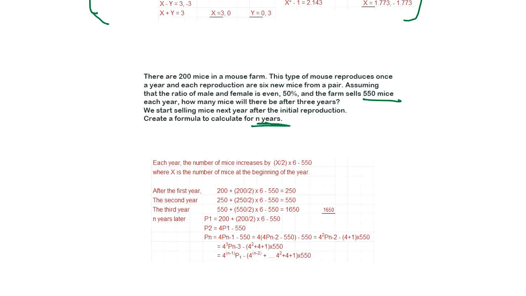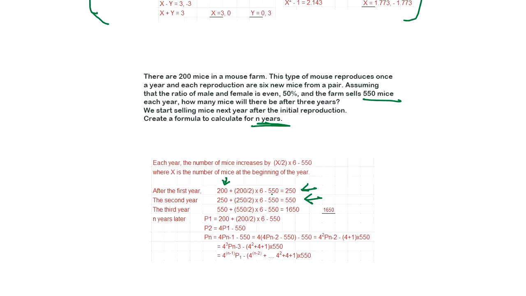Okay, so after the first year, it's going to be 200 the parents, right? And each one, 100 male and female, that produce 6 each, and we sell 550, so 250 left. So next year 250 is the parents, then use the same formula, we have 550 left.